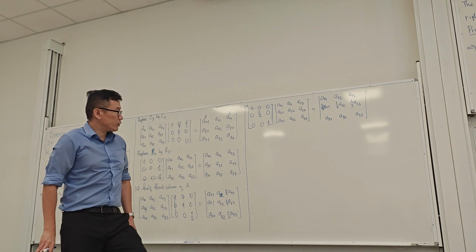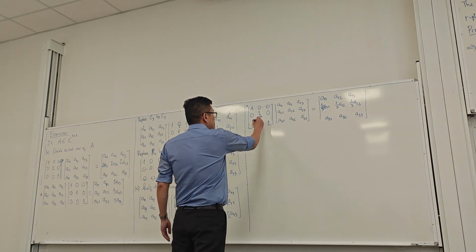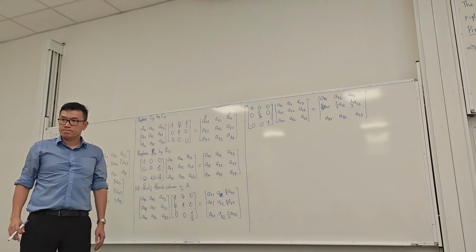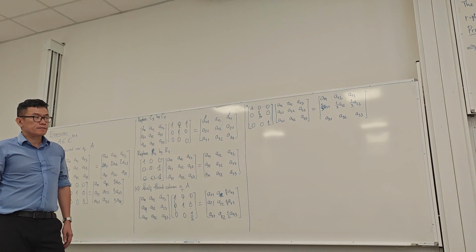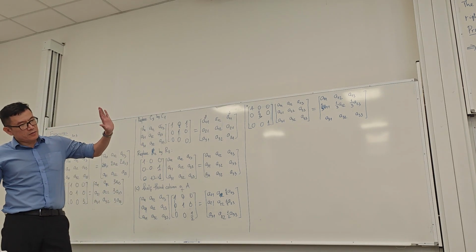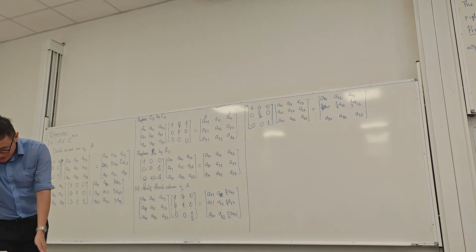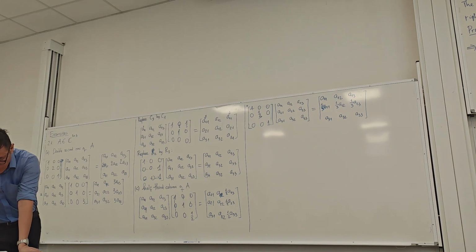The 1/3. So okay. Yeah. So anything happen with row, multiply a matrix on the left, right? And it happened with column, multiply a matrix on the right.